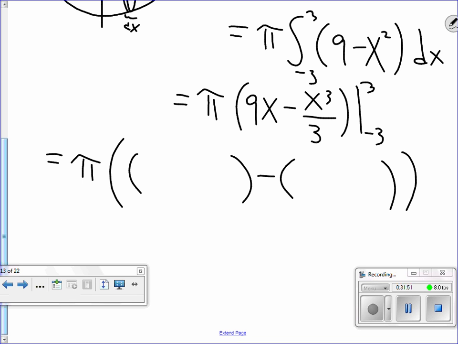Plug in the 3, the upper limit first, and we do it using the fundamental theorem of calculus. 9 times 3, 27, minus 3 cubed over 3. 3 cubed is 27, over 3 would be 9.